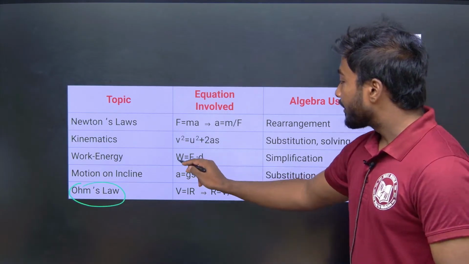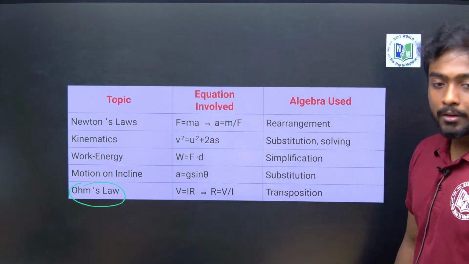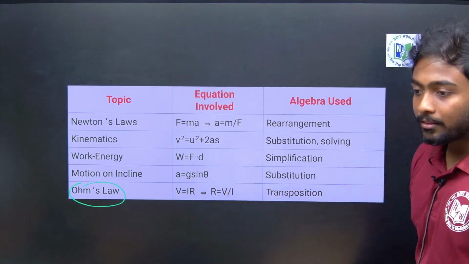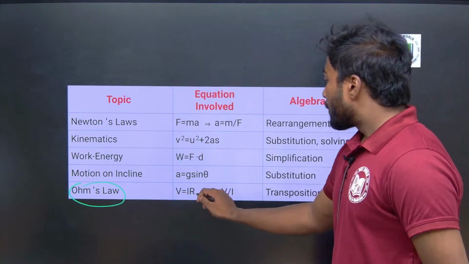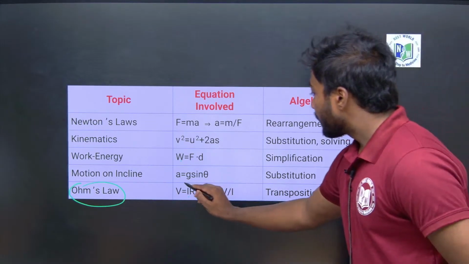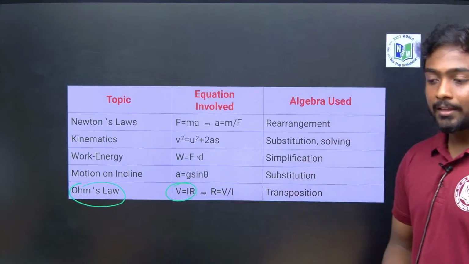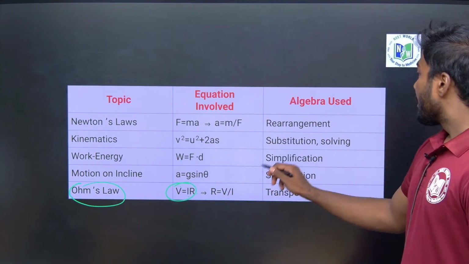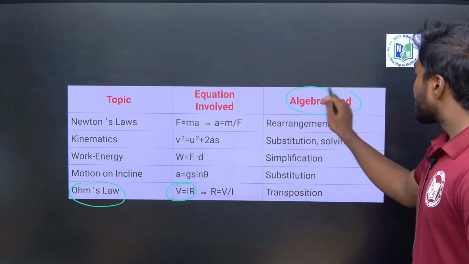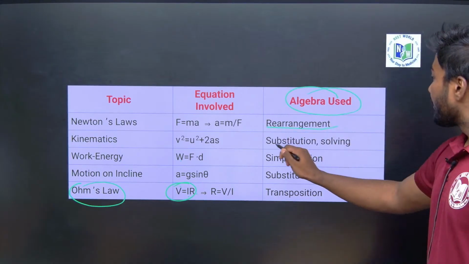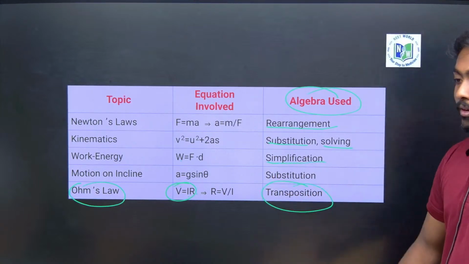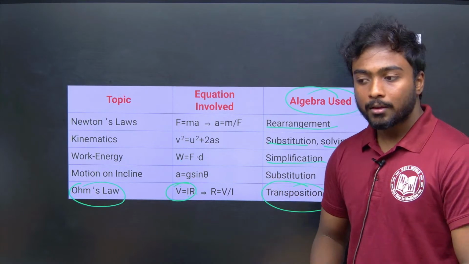Next, work done = force into displacement, a = g sin theta, V = IR. You have seen this equation now in the 10th class, voltage, yes or no. Next, algebra is used for rearrangement, substitution method, simplification, transposition, all the methods we will use in the equations.